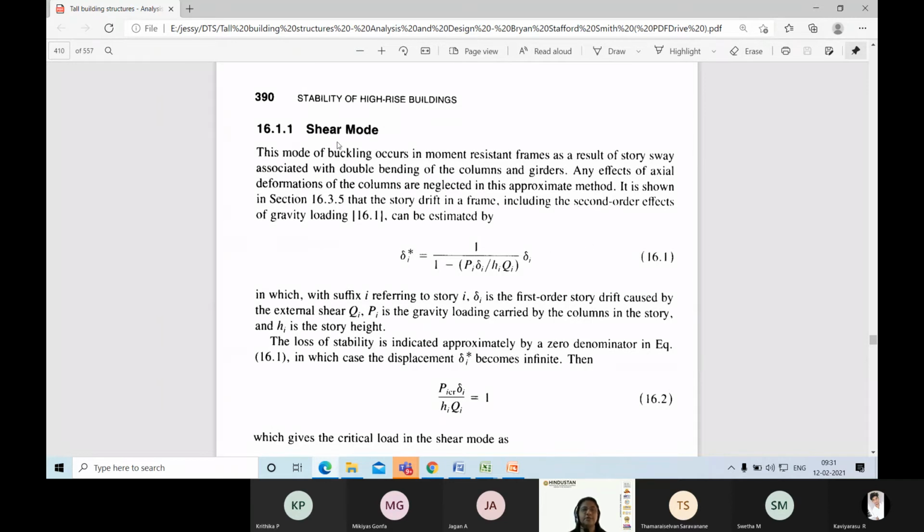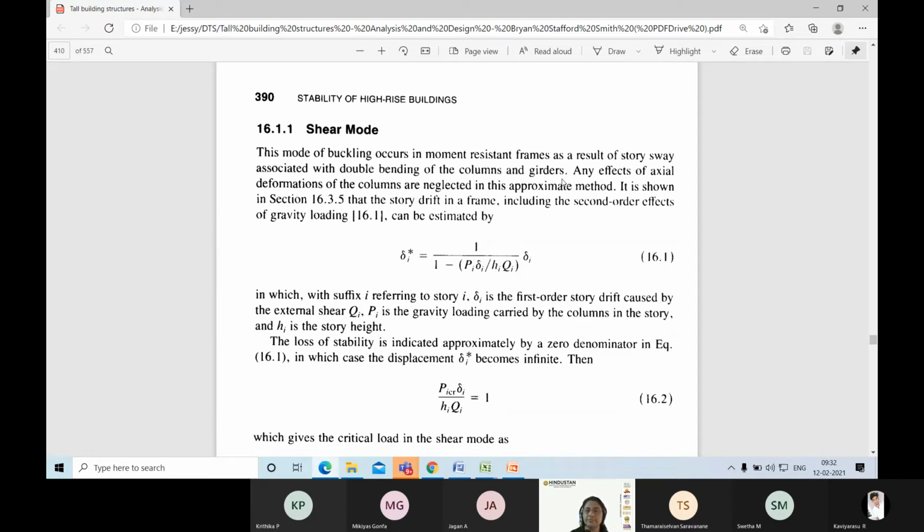In the shear mode, this mode of buckling occurs in moment resistant frames as a result of storey sway associated with the double bending of columns and girders. In the initial chapter 3, I explained for a rigid frame what the deflection mode is. I told you each beam and column will be subjected to a double curvature bending.